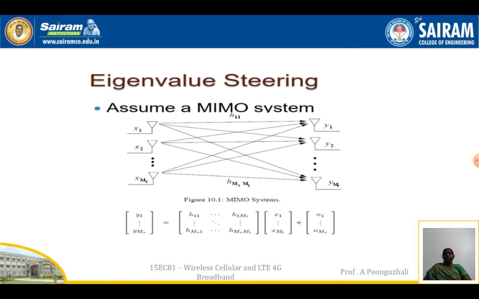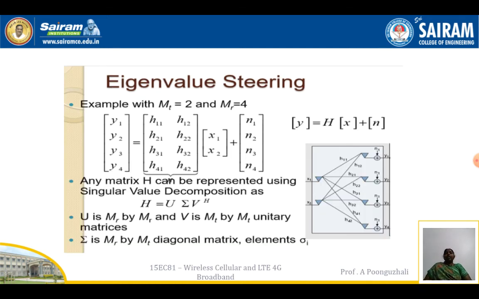If I write it in matrix form, the received signal Y1 to YMR is equal to the matrix H11, H12 till H1MT for the first antenna, and next HMR1 to H of MR MT, multiplied by X1 to X of MT, plus N1 to N of MR. For eigenvalue steering, consider MT equal to 2 and MR equal to 4.